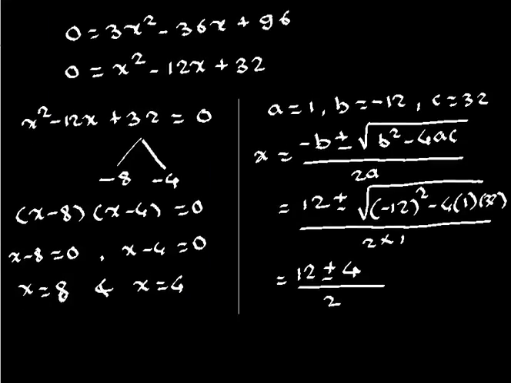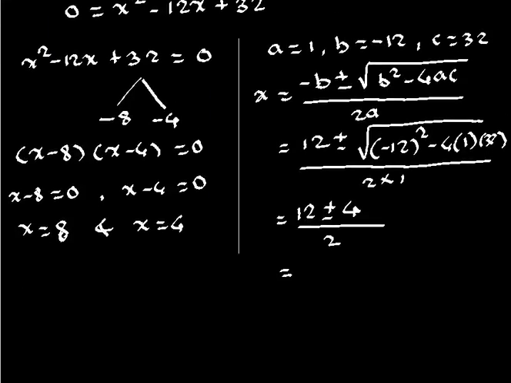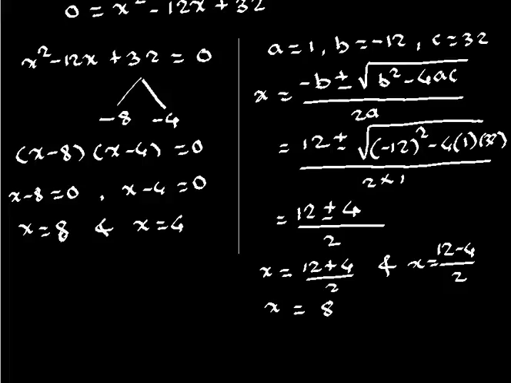So here there will be two values: x is equal to 12 plus 4 upon 2 and x is equal to 12 minus 4 upon 2. So x is equal to 16 by 2, which is 8, and x is equal to 8 by 2, which is 4. It gives the same answer, but the method is a bit different. You can choose whichever is convenient and easier for you.